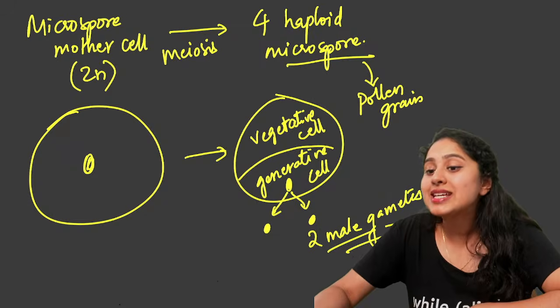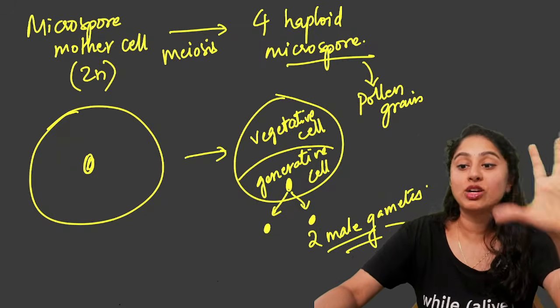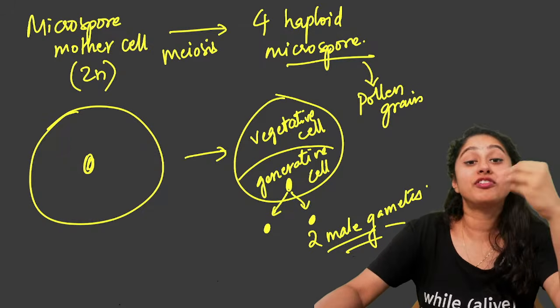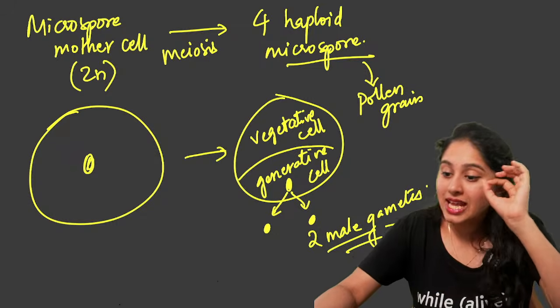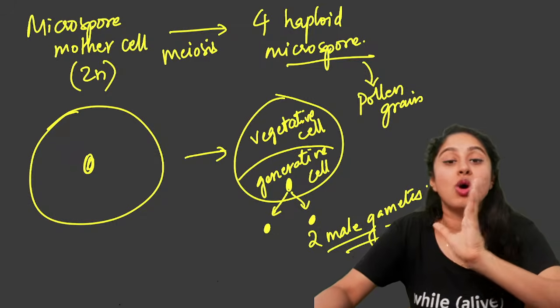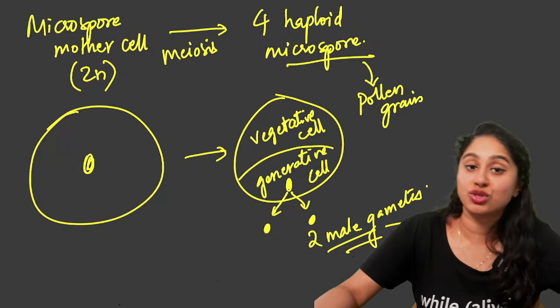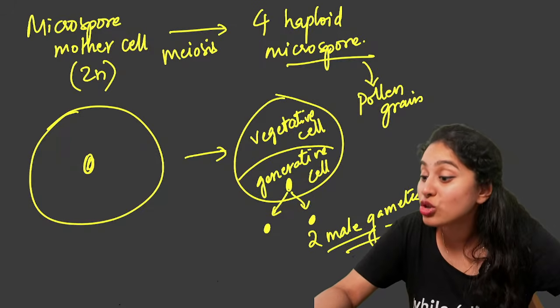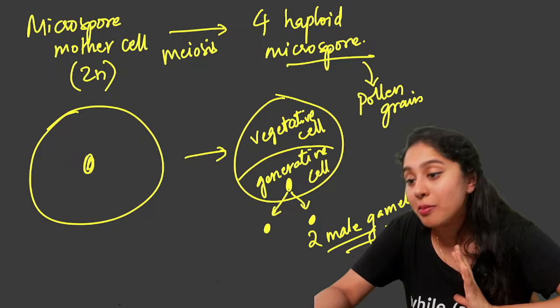First, we have a microspore mother cell which will differentiate through mitosis. After that we will have meiosis. Meiosis is a 2-step process: meiosis 1 and then meiosis 2, and at the end of meiosis 2 we get the 4 haploid microspores.